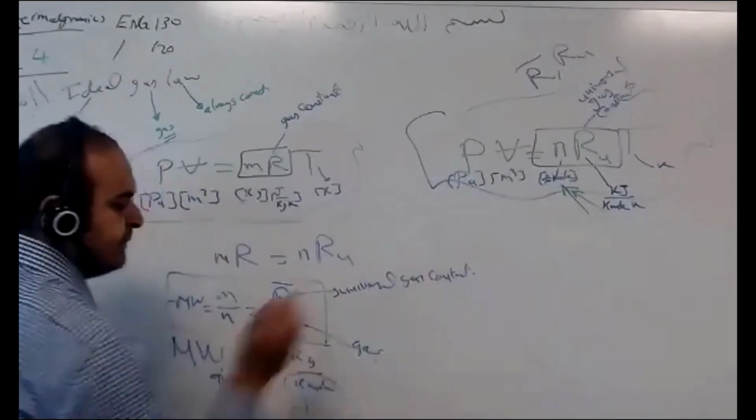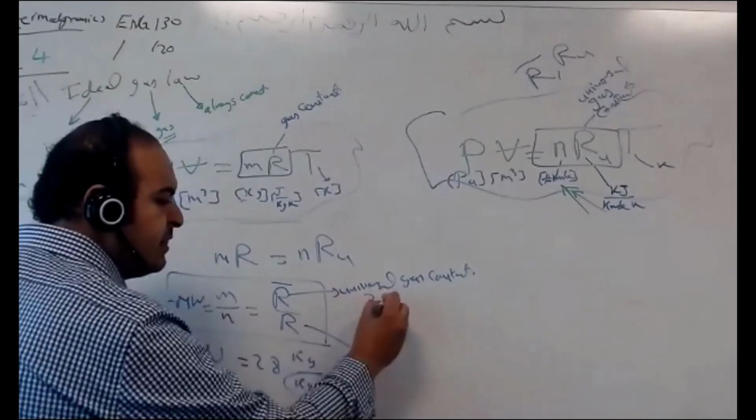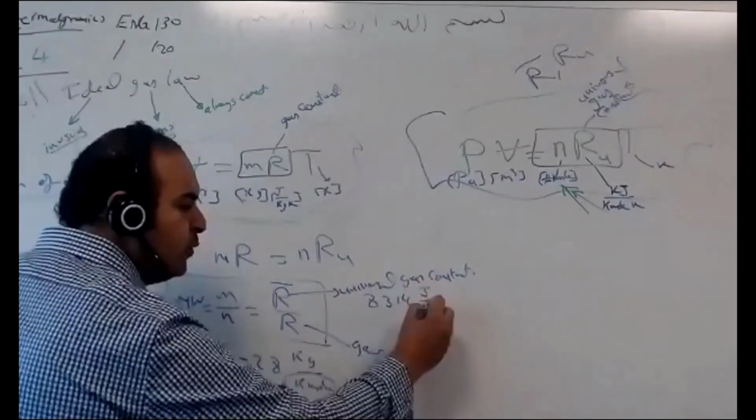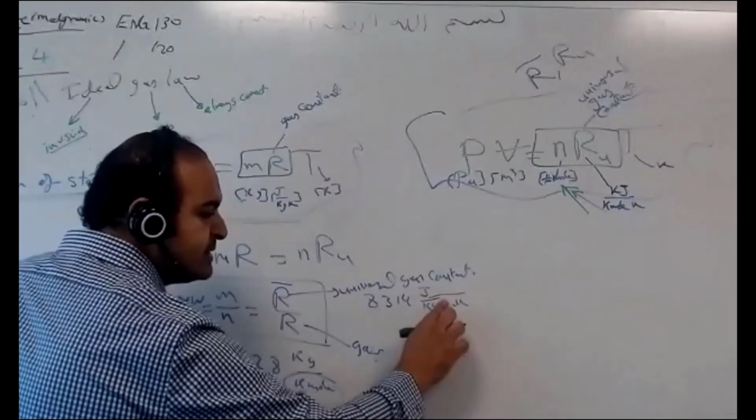Again, let's see what happened. Universal gas constant is always 8314 joule per kilomole Kelvin. It's always like this.